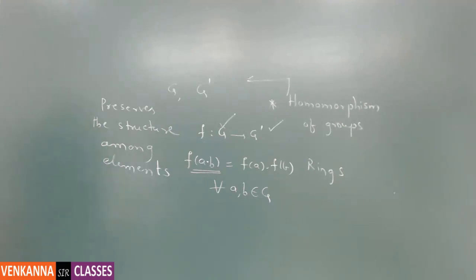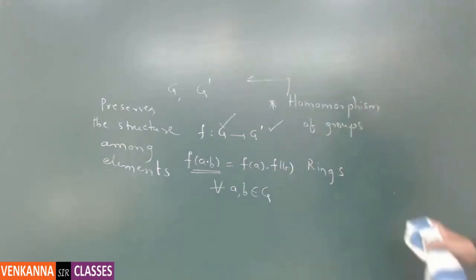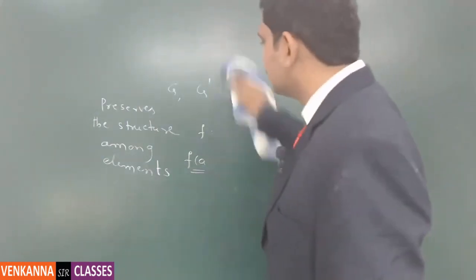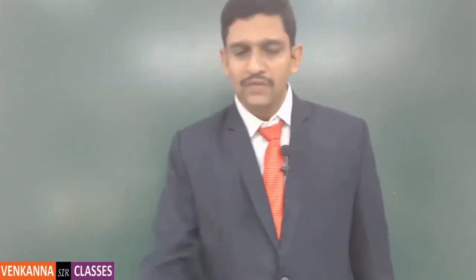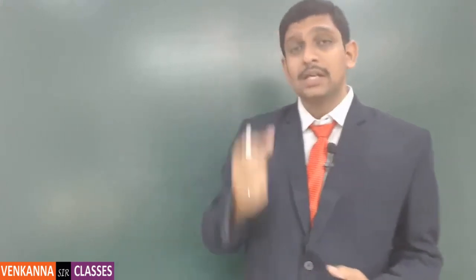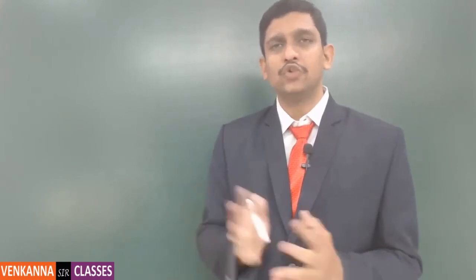Right. Now, some questions will come into our mind: can you find a homomorphism always between the groups? That is one common question we are always in search of. It is always true that there is a homomorphism between any two groups.